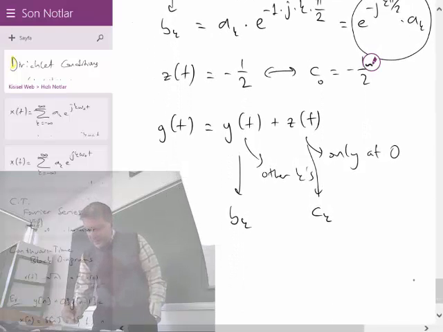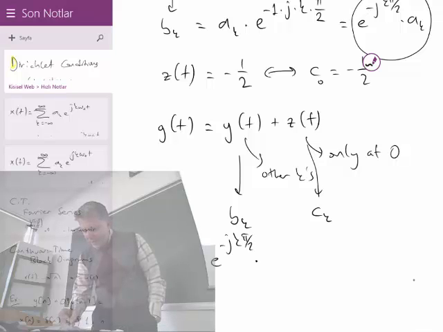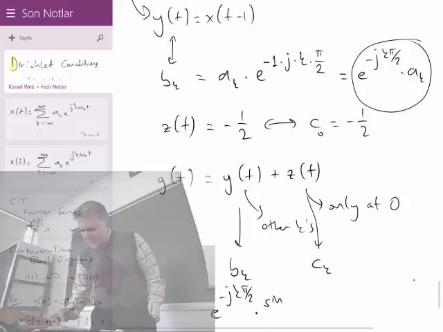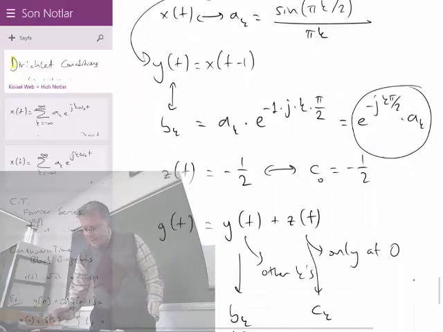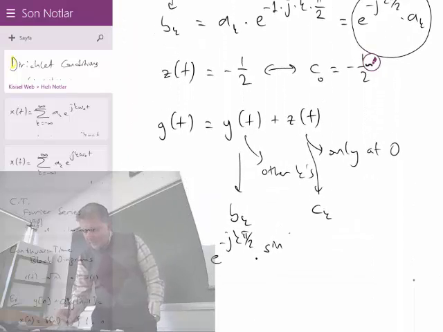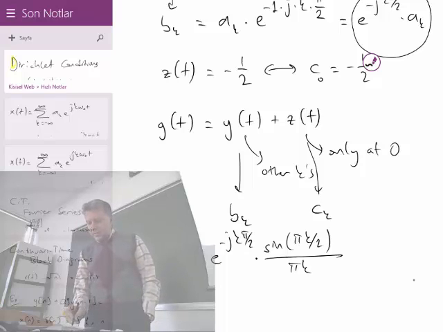If you wish, we can write it like this. These are e to the minus jk pi over 2 times sine pi k over 2 over pi k. So these are b_k's.